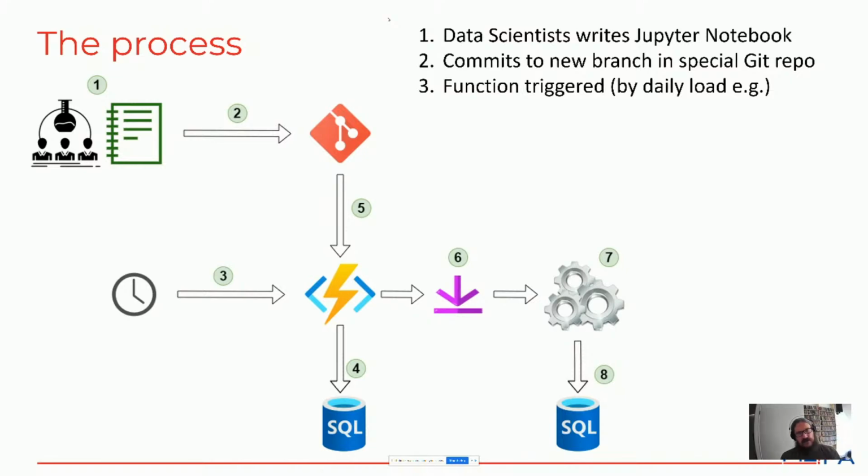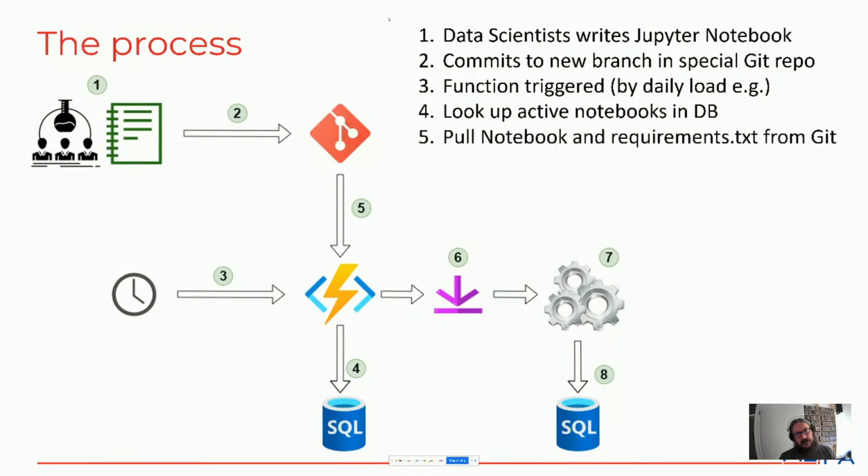But what this function then does is it goes to the database and finds out meta information about the notebook. For example, which branch of the Git repository it's in, and what parameters I need to run it with. Next step is I pull the notebook, and I forgot to mention that before.